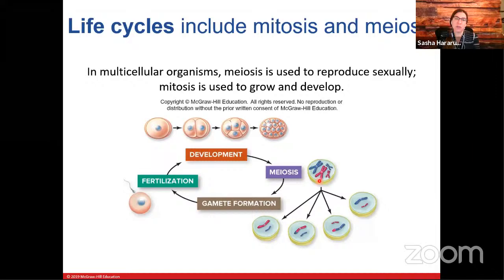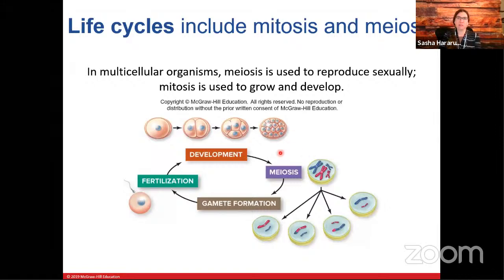And during meiosis, the diploid cell produces 4 haploid cells. So one diploid germ cell produces 4 haploid sex cells that are also called gametes. So meiosis is needed for gamete formation. And after gametes are formed, if a female gamete meets the male gamete, fertilization occurs and the zygote forms, and the process repeats all over again.